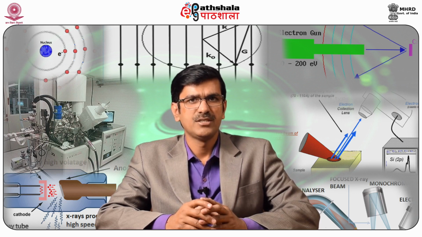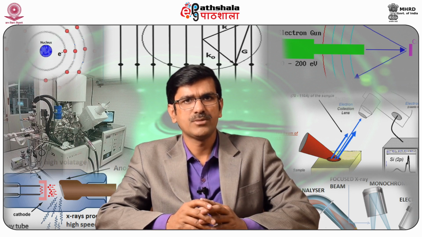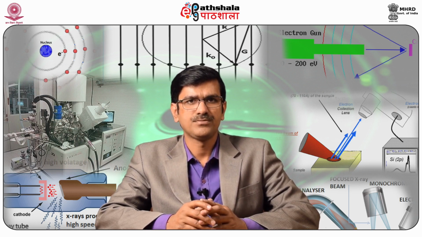A surface can be thought of as the interface between different phases, that is solid, liquid or gas. We can think of the surface as the top layer of atoms, but in reality the state of this layer is very much influenced by the 2 to 10 atomic layers below it. This is about 0.5 to 3 nanometers.